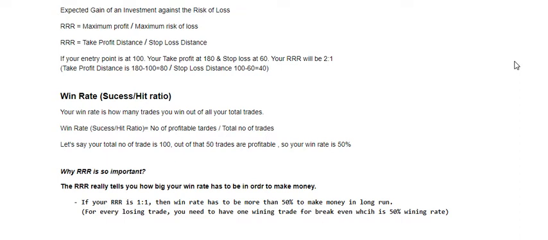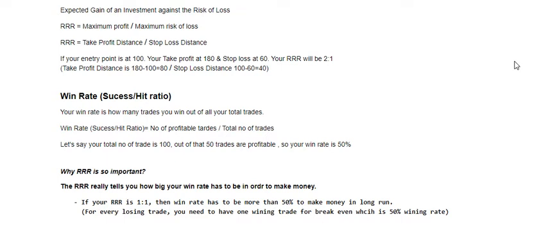But the whole concept is how many trades you win, or how many trades are profitable for you, out of how many trades in total you have traded for that particular time frame. So your win rate or success or hit ratio is number of profitable trades divided by total number of trades.